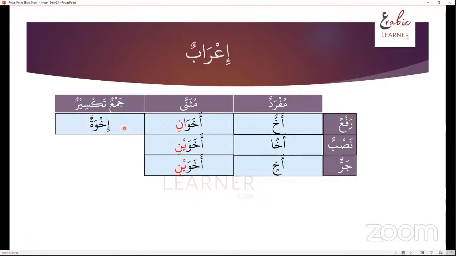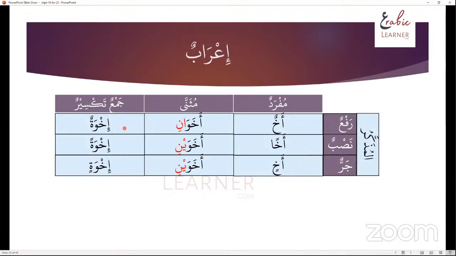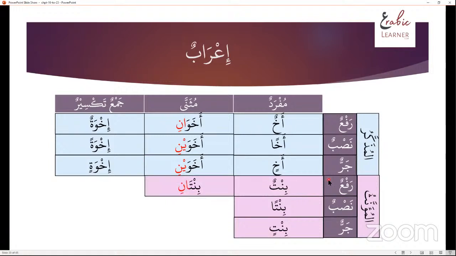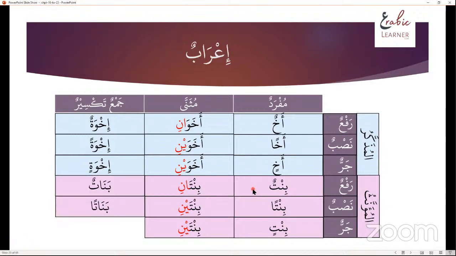Ikhwatun, good. Ikhwatun, ikhwatan, ikhwati, good. Now, bintun. Bintun means a girl, or bintun also means a daughter. Bintan, bintin. Now, the dual for that is bintani, bintaini, bintaini. And jama taksir for this is banatun, banatan, banatin.